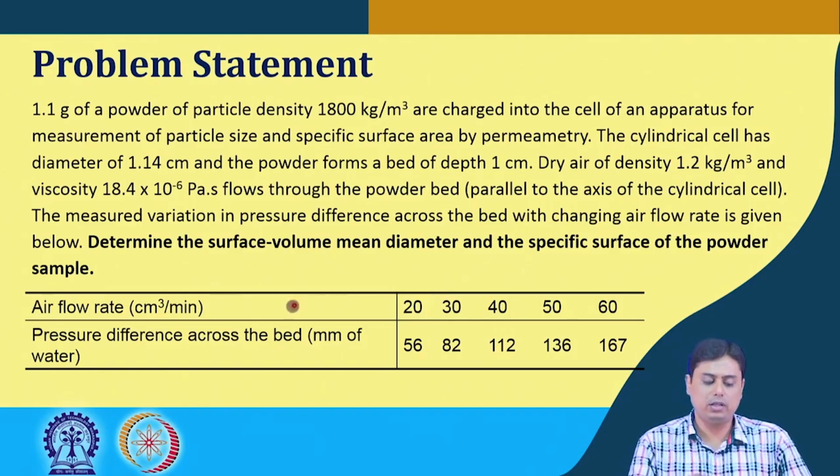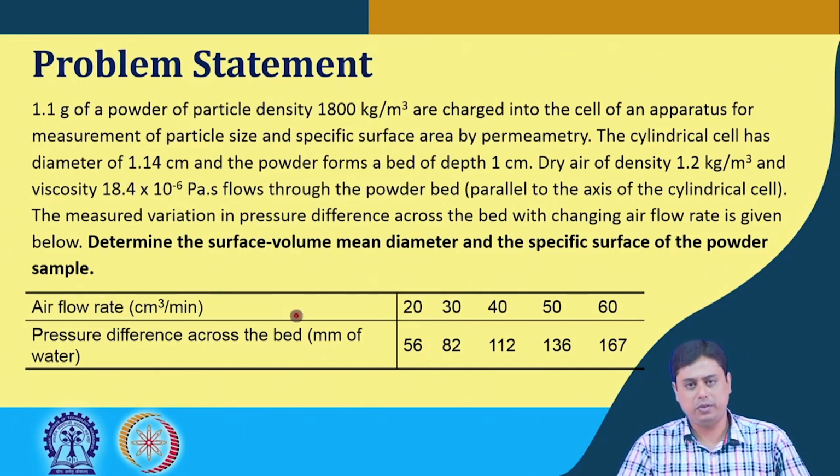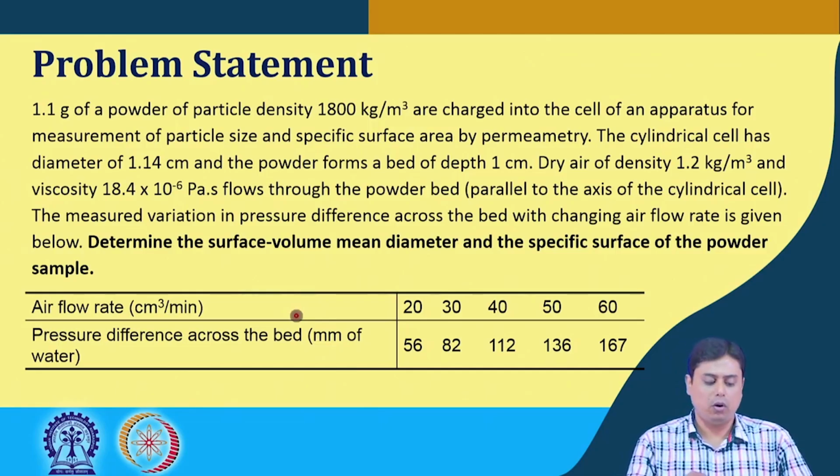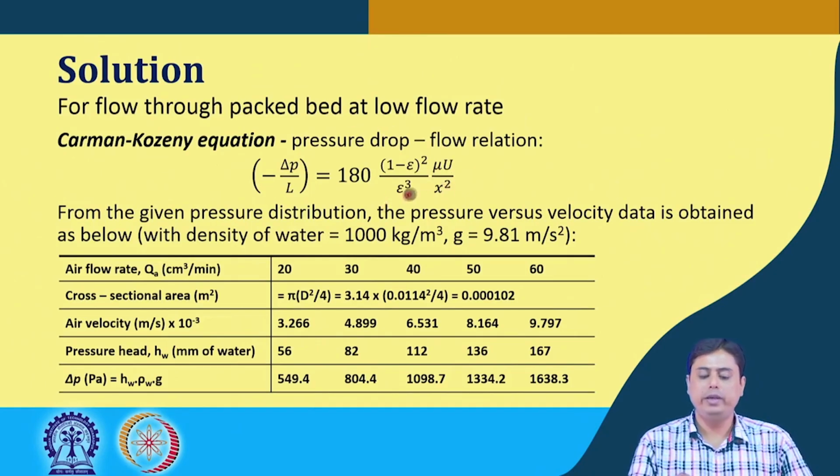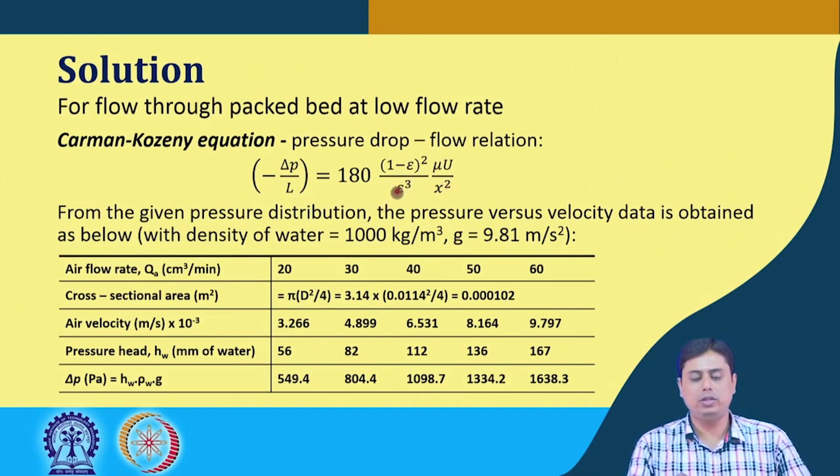So, from the flow rate we found the superficial velocity. We plotted the del p versus superficial velocity to find the slope of this graph. While doing so, we came across another unknown, which is called the bed voidage. Okay.